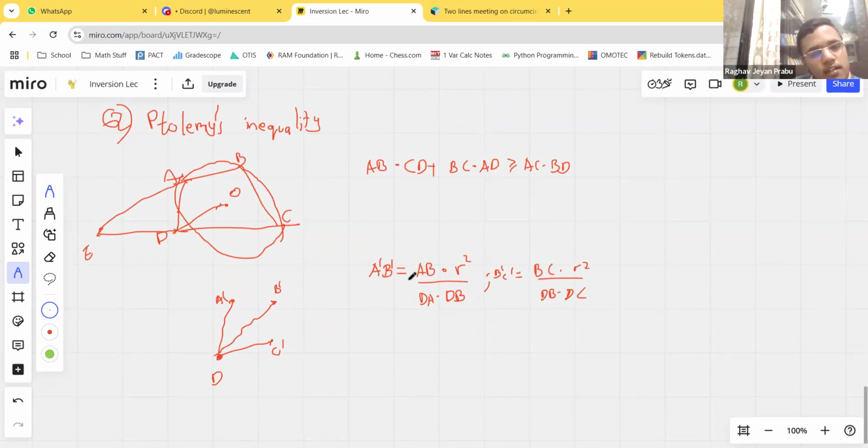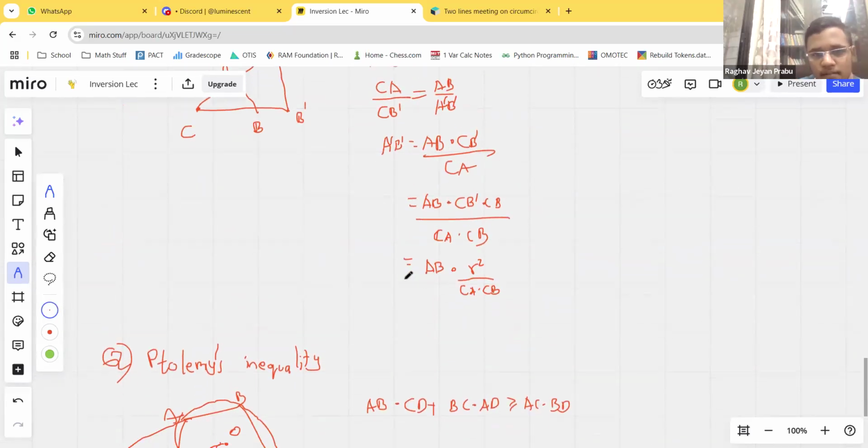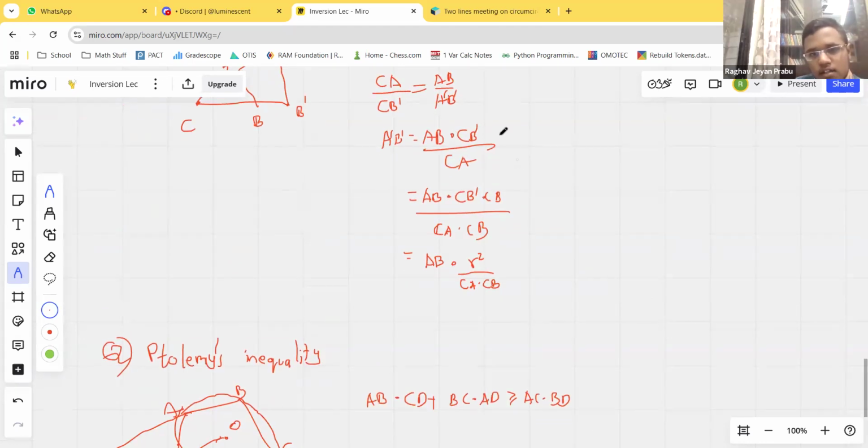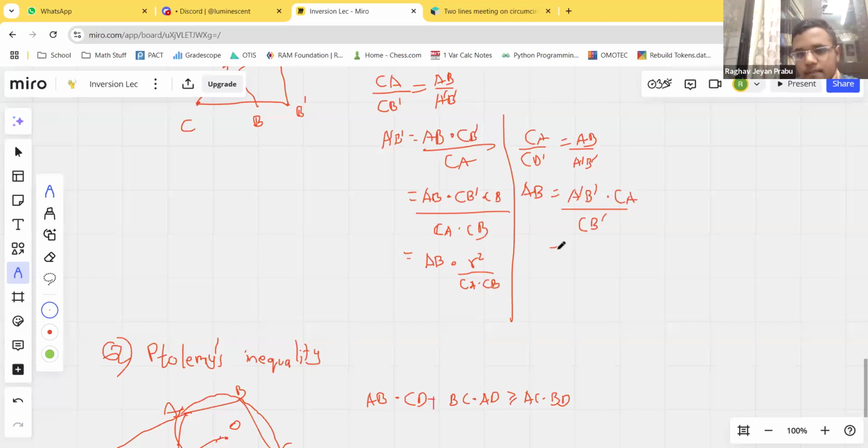However, the thing here is that we won't be using this version. If you would have seen the calculations above, I could have also gone ahead this way. Like here we use CA by CB dash equal to AB by A dash B dash. So I'll instead solve for AB here. You have AB equal to A dash B dash times CA by CB dash.